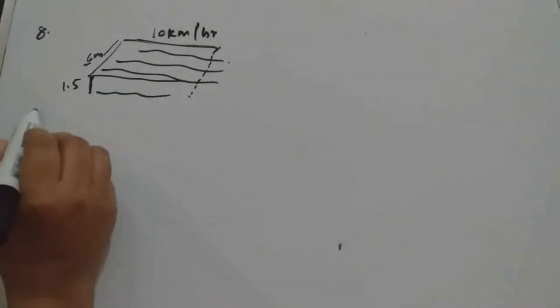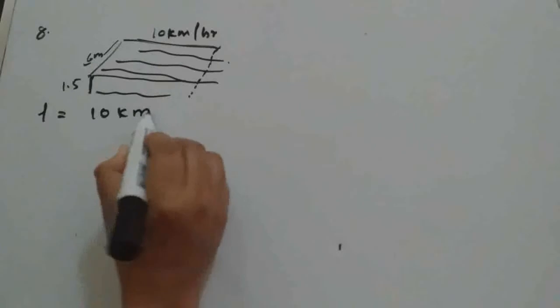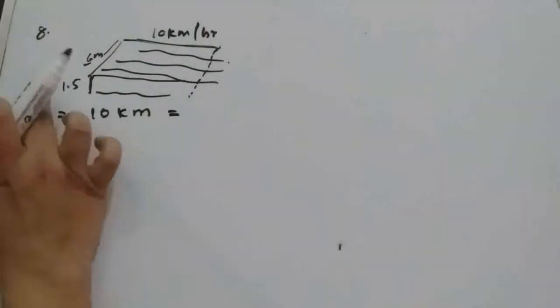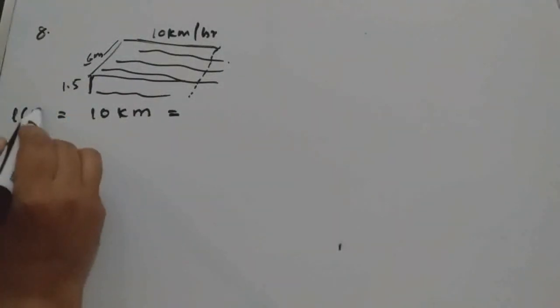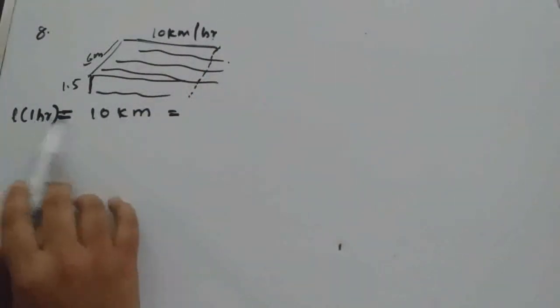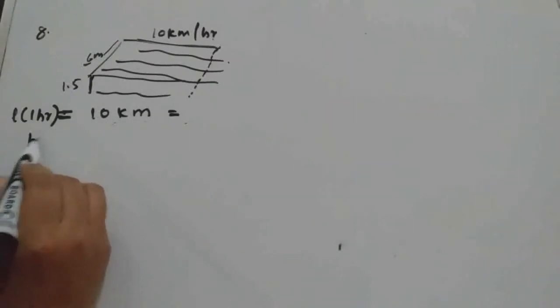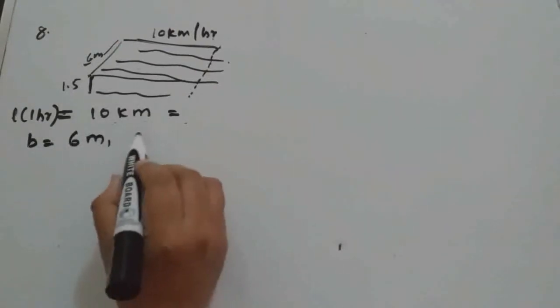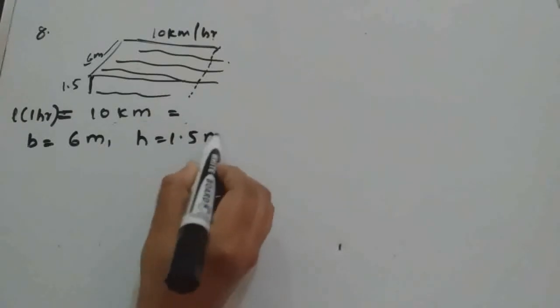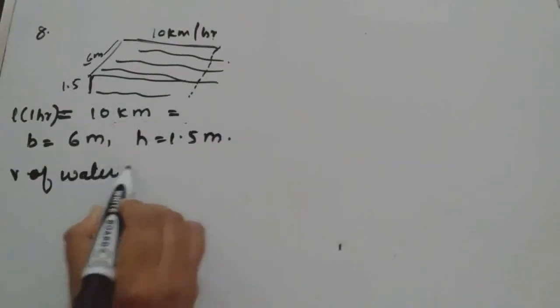So first length we can find: 10 kilometer length in 1 hour, 10 km per hour. So length is 10 km in 1 hour, breadth is given 6 meter and height is given 1.5 meter. So volume of water in 1 hour.